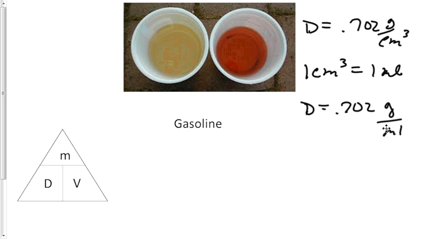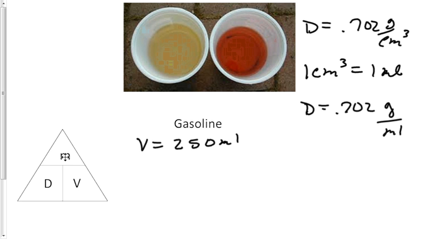All right, so let's take a look at a couple ways we can do this. Let's say I want to know the mass of gasoline given a specific volume. So let's say my volume is equal to 250 milliliters, and I want to find mass. Okay, I go to my triangle.